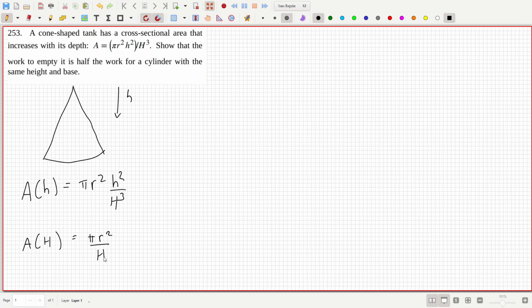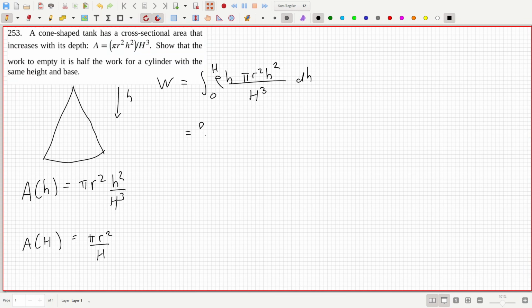Kind of weird. Okay. Show that the work to empty it is half the work for a cylinder with the same height and base. Okay, so the work would be the integration from 0 to h of pi r squared h squared over h cubed dh times rho.